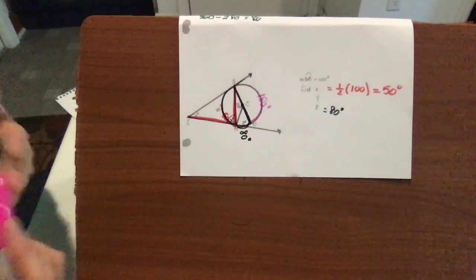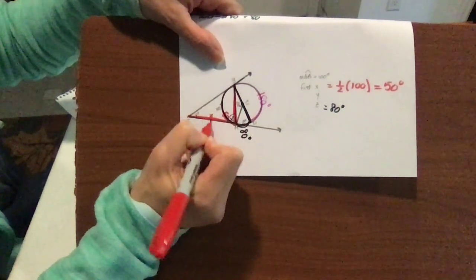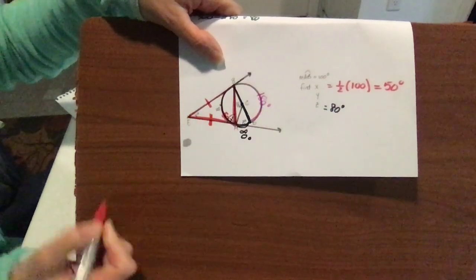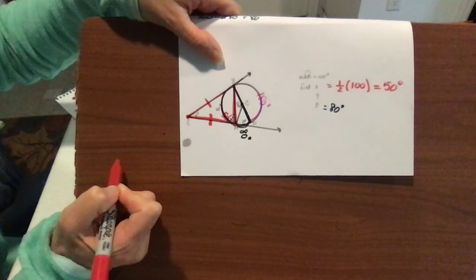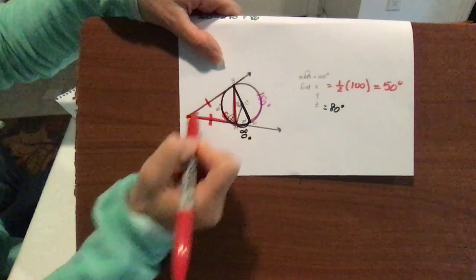But without knowing that, there's another way we can do this. We have a tangent here, and we have a tangent here, and we know that they're equal, because points of tangency that form an angle outside the circle are equal. Those segments are equal.